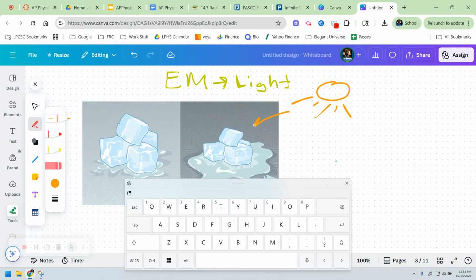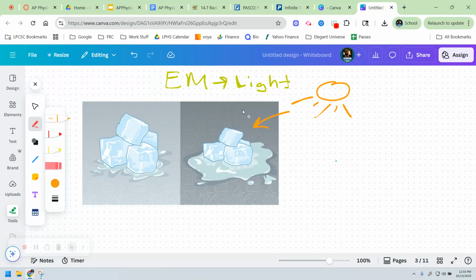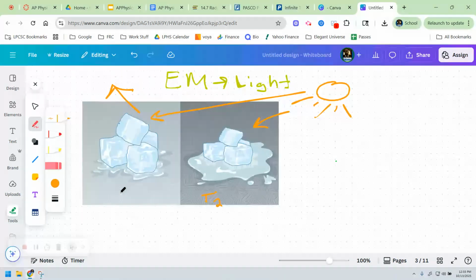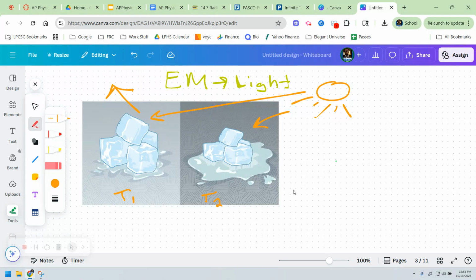and so as the sun shines on this, because it's darker, it absorbs more light energy. It doesn't reflect as much. When the sun hits this lighter one, it just reflects off of the pavement. But this one absorbs and keeps the thermal energy. So this temperature here, we'll call this T2 and we'll call this T1, the temperatures of the pavement.